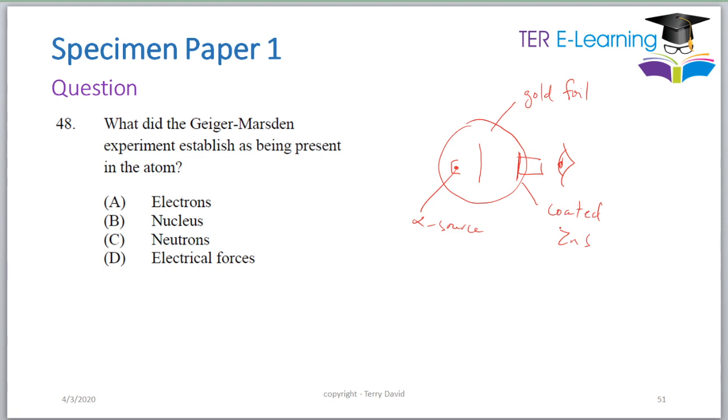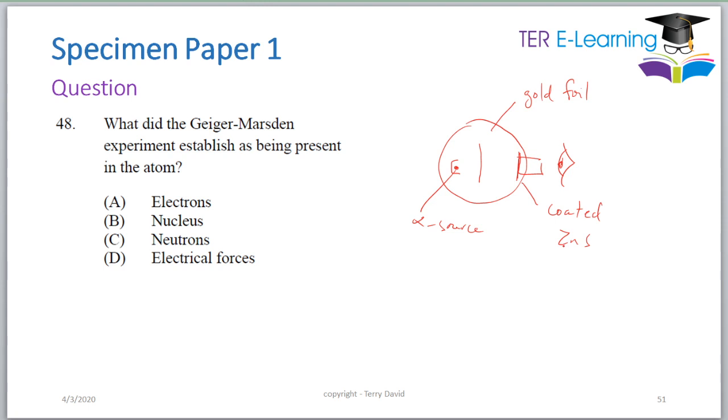In this experiment, most of the alpha particles went straight through the gold foil, some were deflected, and some returned back to the source. Those are the three different observations from the experiment. Now, what that tells us is that most of the atom is made up of empty space, meaning that the nucleus is very small.